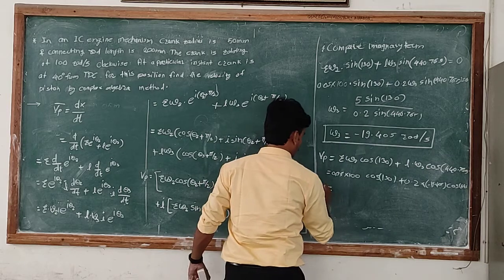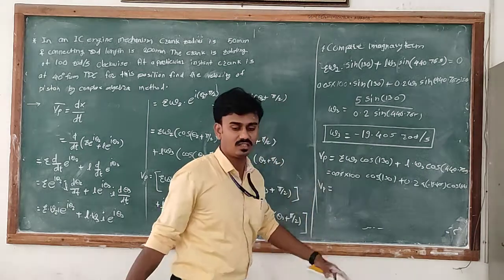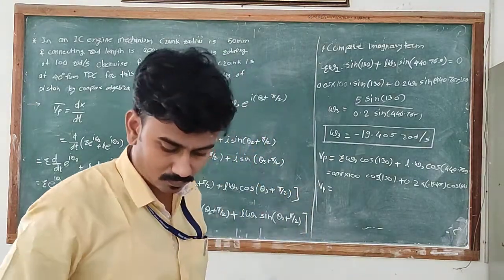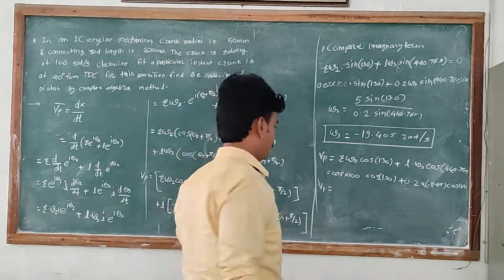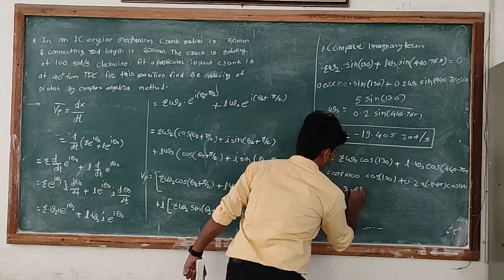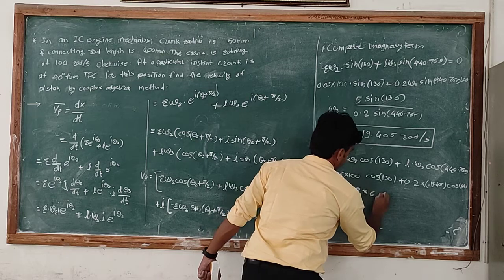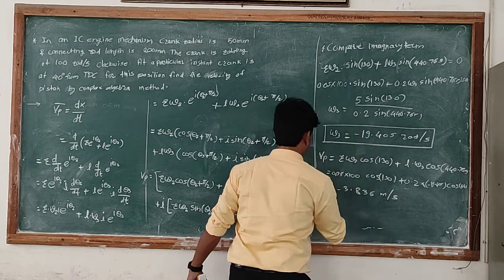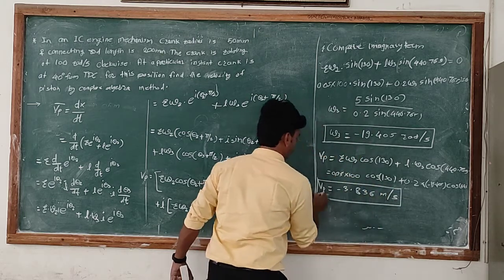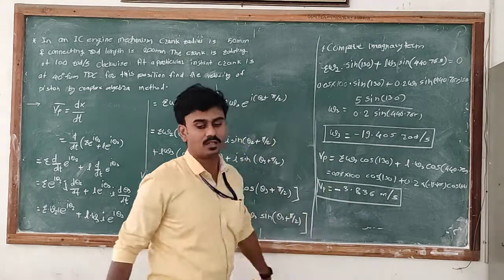If we solve this, we will get the velocity of the piston equal to minus 3.836 meter per second. This is the velocity of the piston, and here is a minus sign.